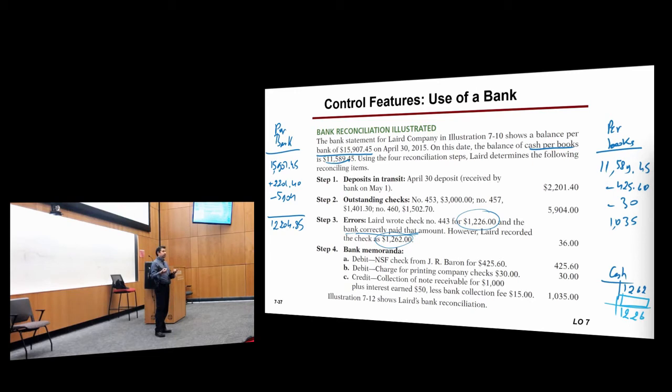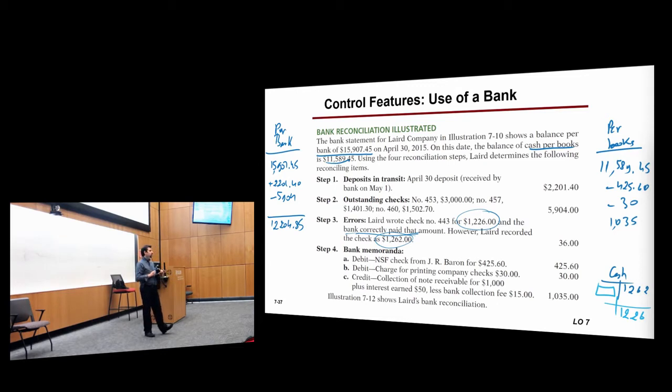What's the correcting entry here? Exactly. So here it's not going to be on this side actually, it's going to be on the other side. It doesn't matter. So this is where it's supposed to be. This is the amount.